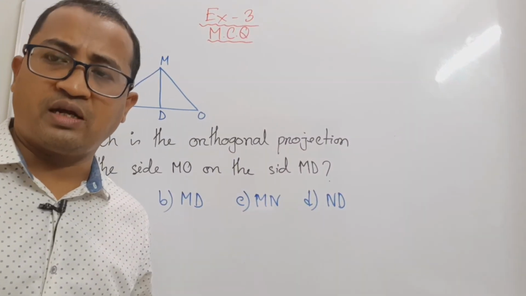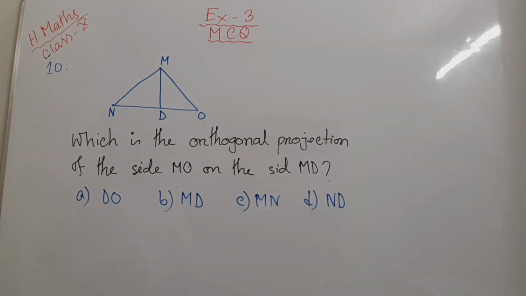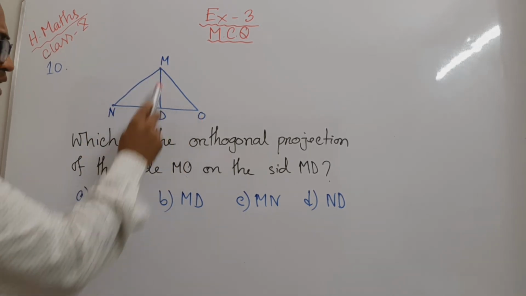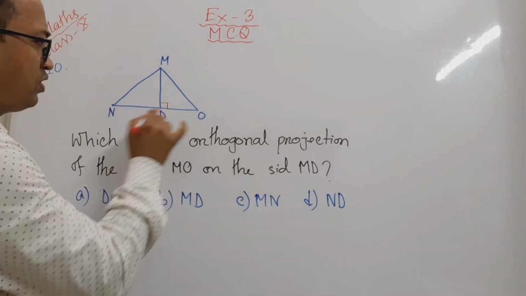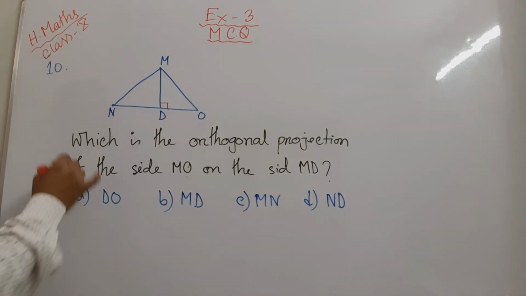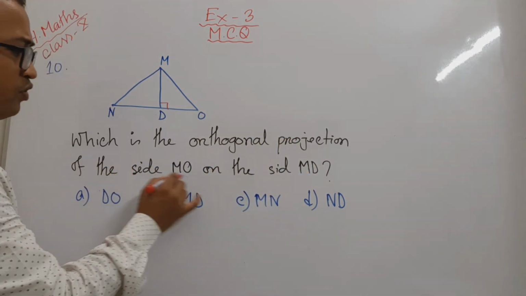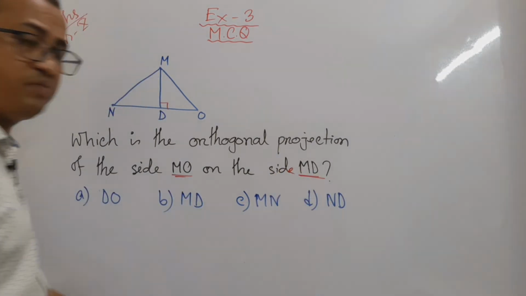Now question number 10, and this is the last question of my lecture. Look at the board. It is given a figure, a triangle MNO, and MD is a perpendicular line. This is perpendicular to NO. Which is the orthogonal projection of the side MO on the side MD?